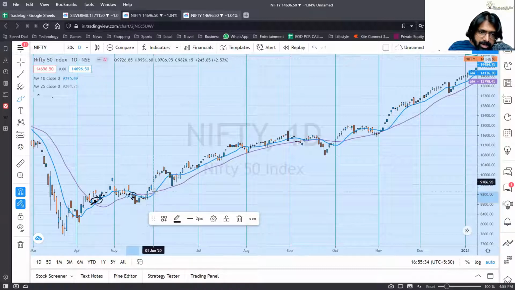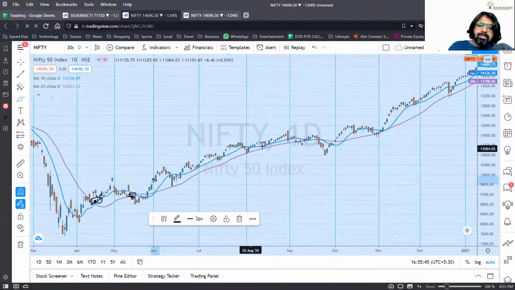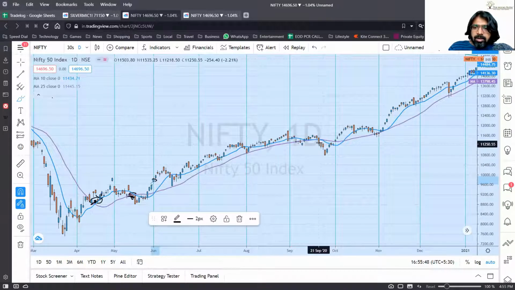Here again, on this day, the blue line went above the purple line, at 9,800, and then it stayed like that all the way till 11,250.